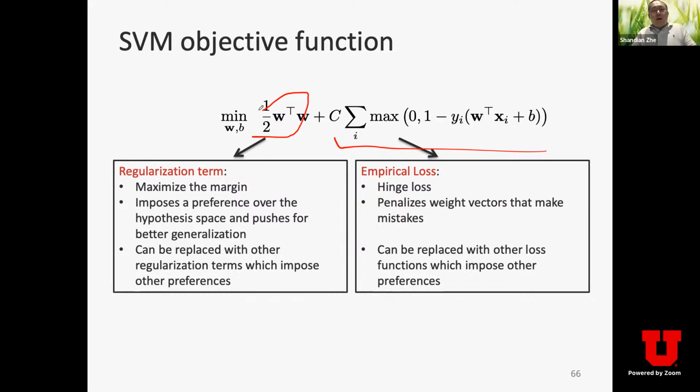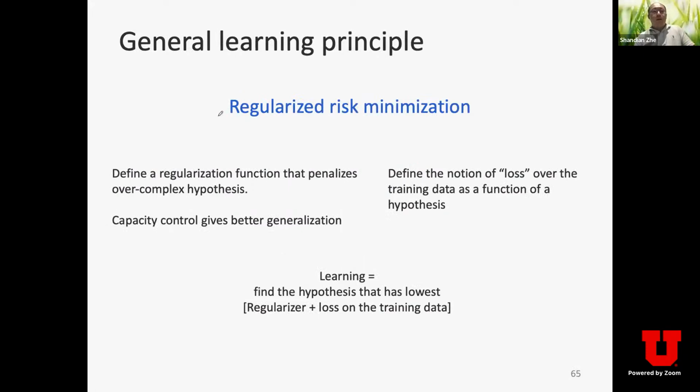If in your training objective formulation, in addition to some loss on training data, you add some kind of regularizer which penalizes the complexity of your hypothesis space, then you try to minimize the whole regularized loss function. This is called regularized risk minimization. So in general, in our training objective function, we define a regularization function that penalizes overly complex hypotheses.